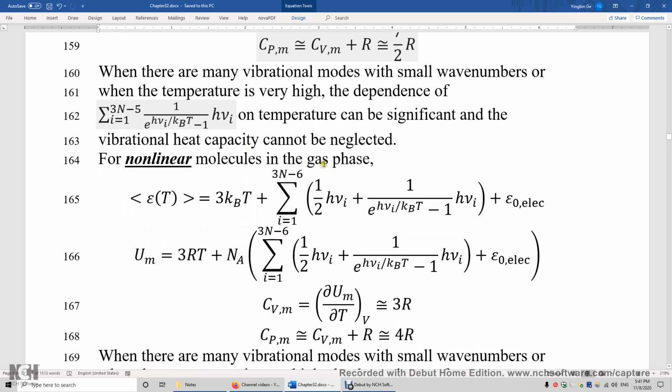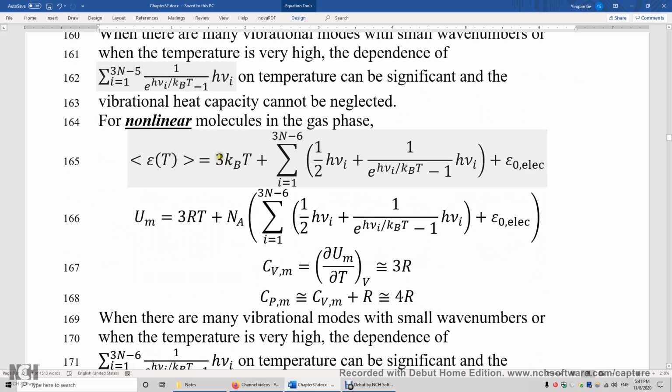molecules in the gas phase, well, there are 3 translational modes, 3 rotational modes. Each mode contributes 1/2 KBT, and therefore you have 3/2 KBT for translational energy and 3/2 KBT for rotational energy. And over here we have 3n minus 6 vibrational modes.